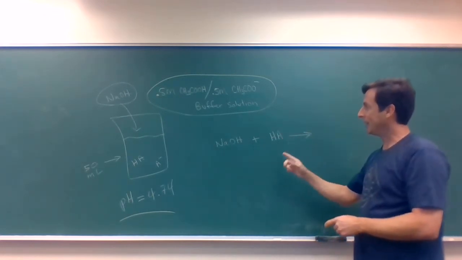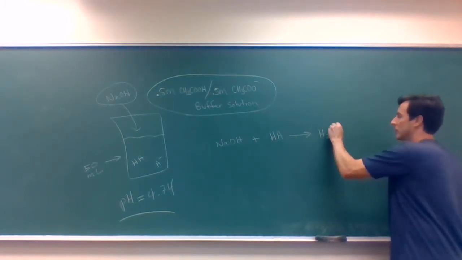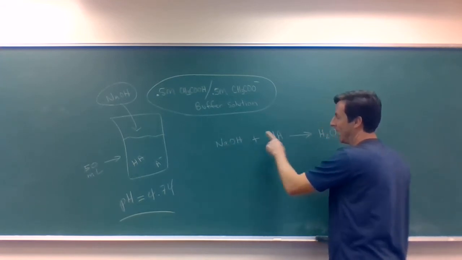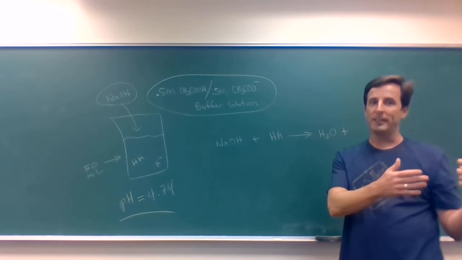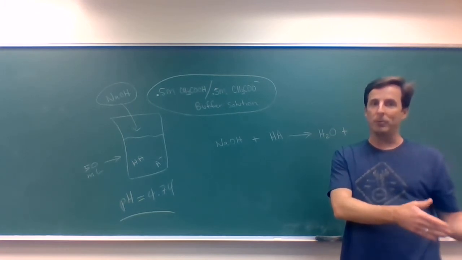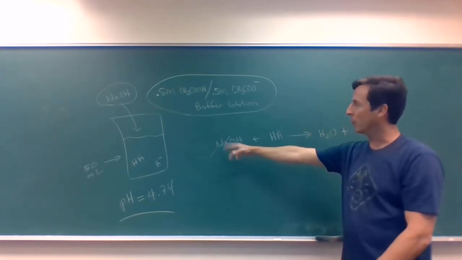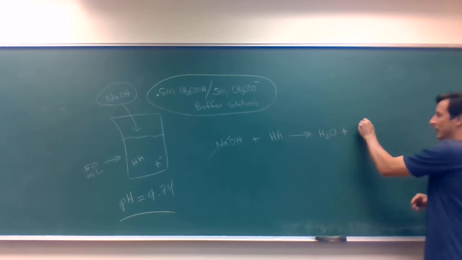And when they react, the OH and the H are going to form water. And then the sodium and the A- don't really come together because, again, that would form an aqueous ionic compound, which doesn't form. The sodium is actually a spectator. I could just ignore it and say this is hydroxide. And then the A- is going to form over here.